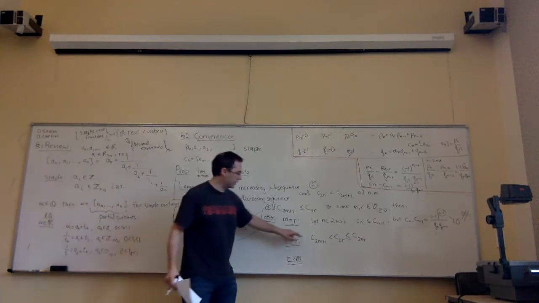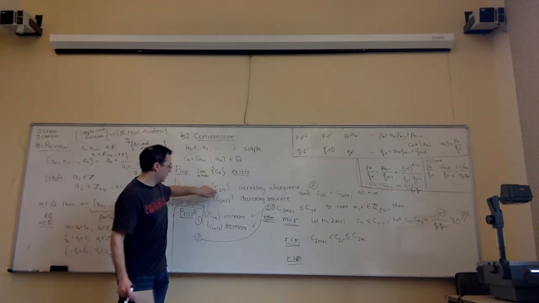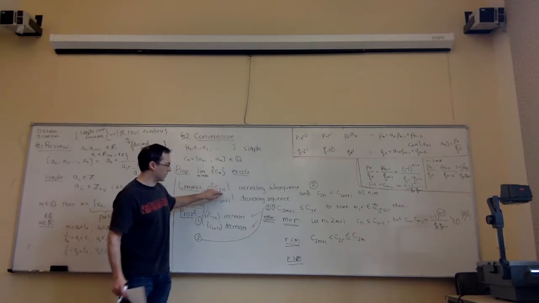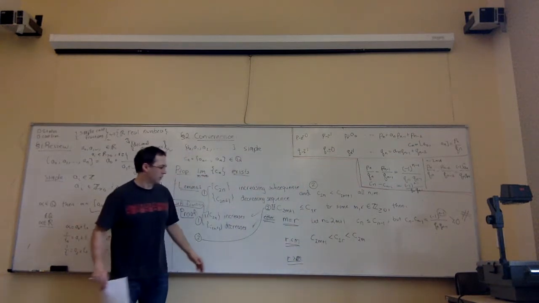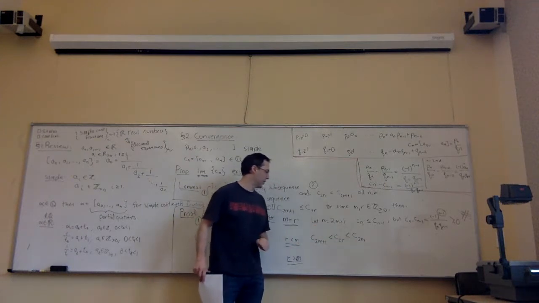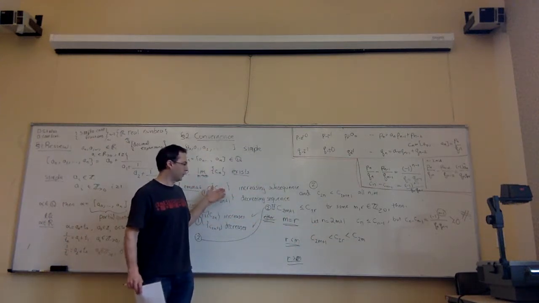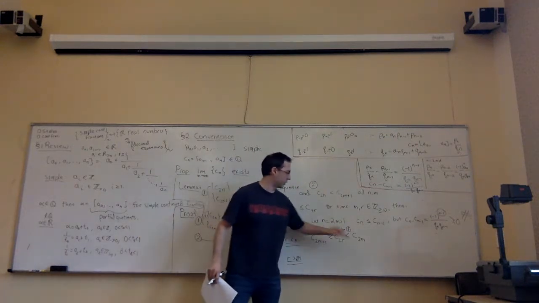Well, r is less than m, and we already proved that the sequence with even subscripts is increasing. And because it's a strict inequality, I just make it strict. So c sub 2m plus 1 is less than c sub 2r by assumption, and c sub 2r is less than c sub 2m by what we just proved in 1. But wait, now we have c sub 2m plus 1 strictly less than c sub 2m.